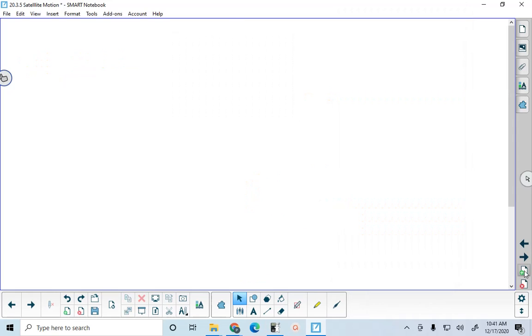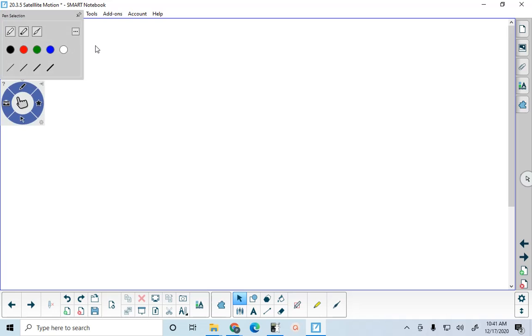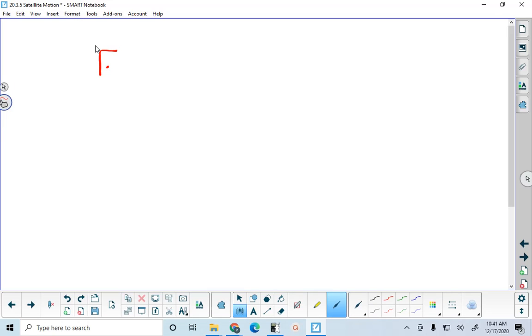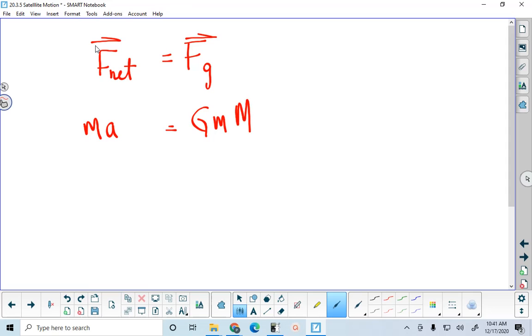Just in summary here, the net force for a satellite is the same as the gravitational force between the satellite and the body it's in orbit around. This is ma, always. This is g, mass of the satellite, mass of the central body, over r squared.